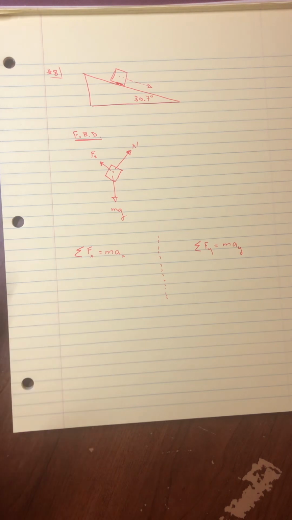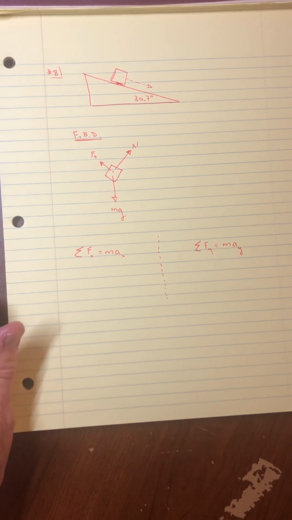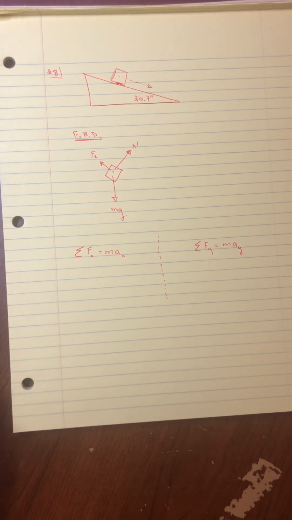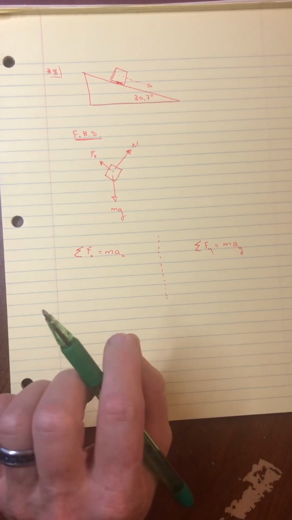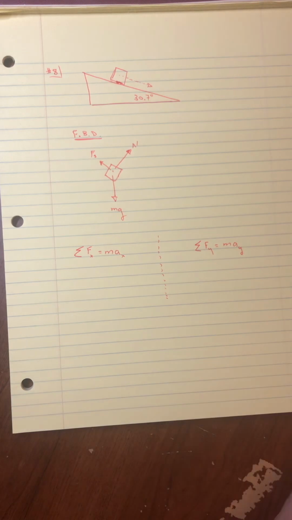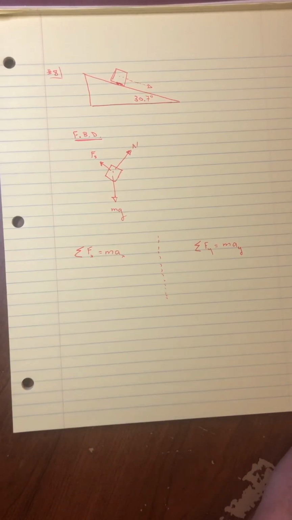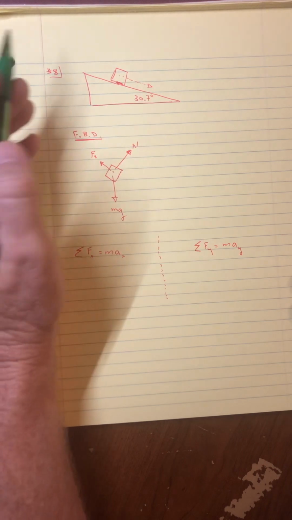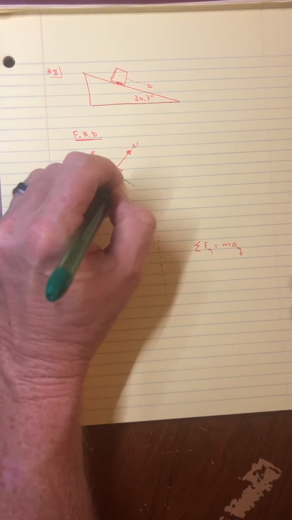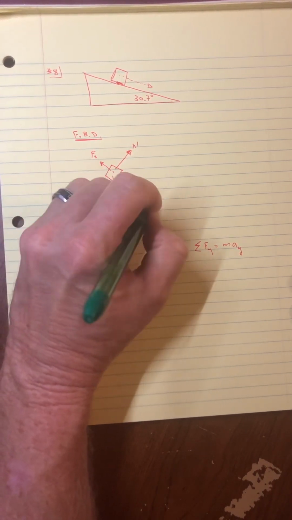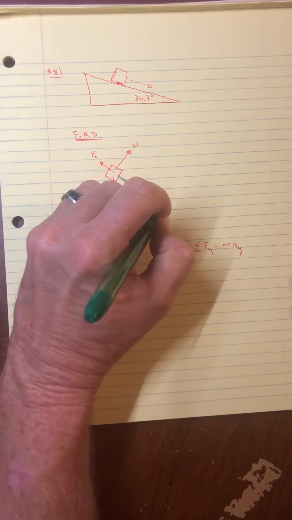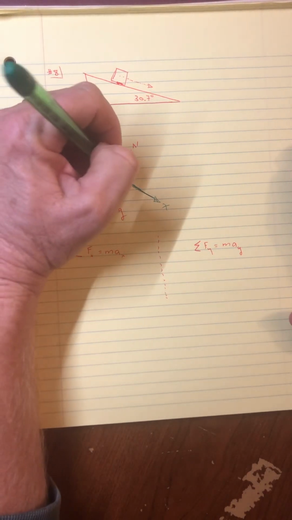And it's worth repeating that the best axis that makes the math the easiest is when you can pick one of your axes to actually be the direction of the acceleration, okay? Or a component, if you know the component of the acceleration, like in circular motion. So what I mean by that is we know the block moves down the hill. So let's put, and I'll put this in green, let's call down the hill the x-axis.